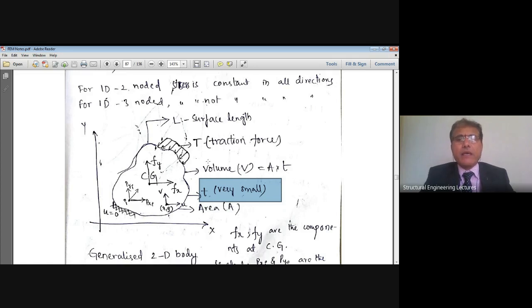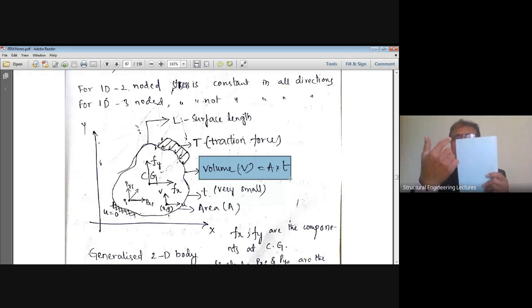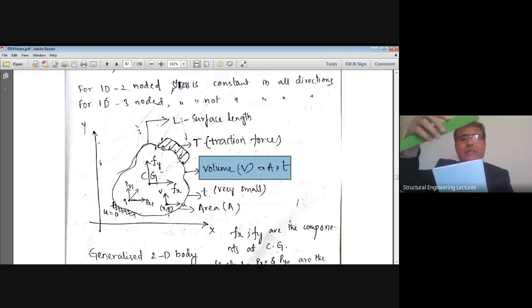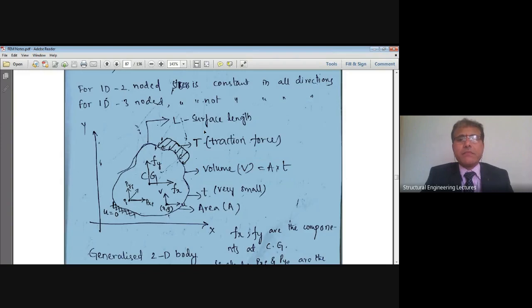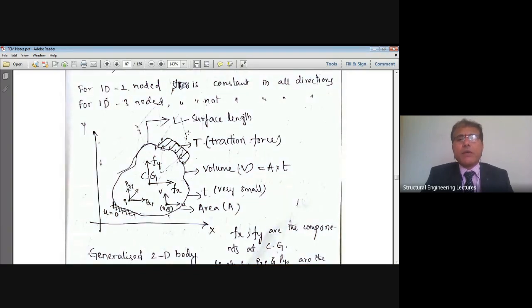Let capital V be the volume of that entire 2D continuum, which is the total area multiplied by thickness. Let this continuum be acted upon by traction forces on some surface, denoted by capital T, in Newton per mm, or Newton per mm square as appropriate, right?